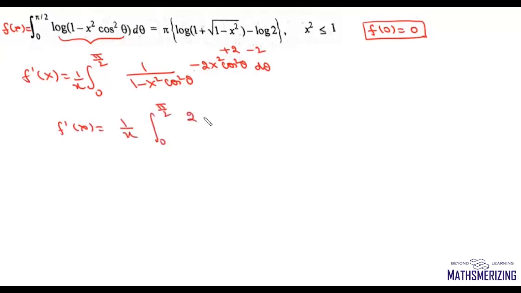Now here we'll take 2 common, and it'll be 1 minus x square cos square theta minus 2 upon 1 minus x square cos square theta d theta. Now we'll split this integral in 2 parts.